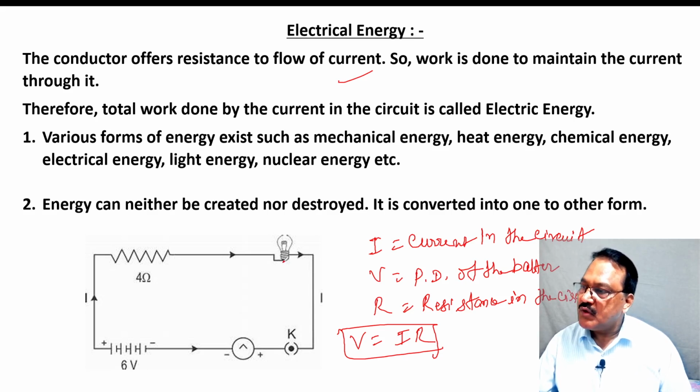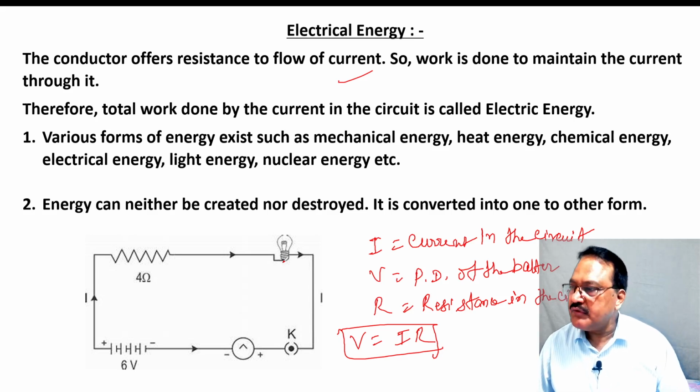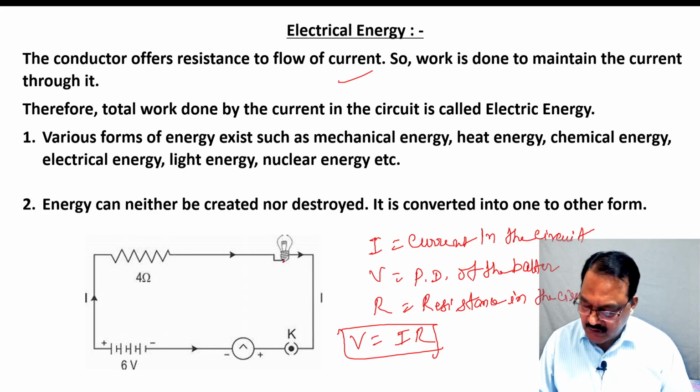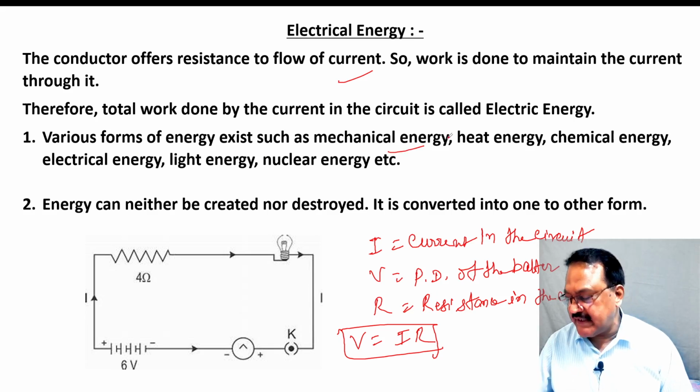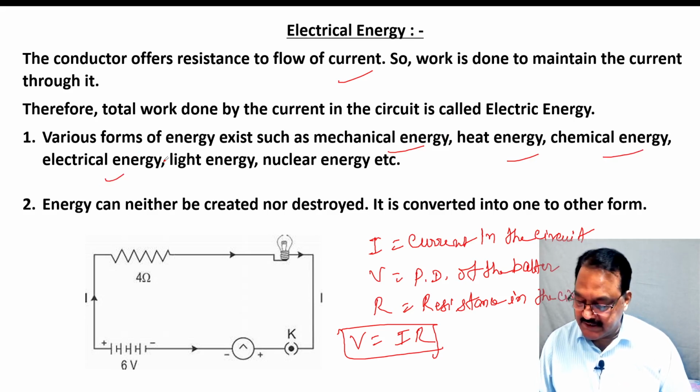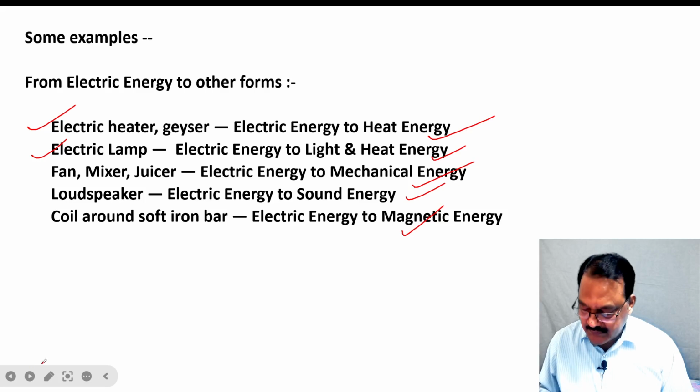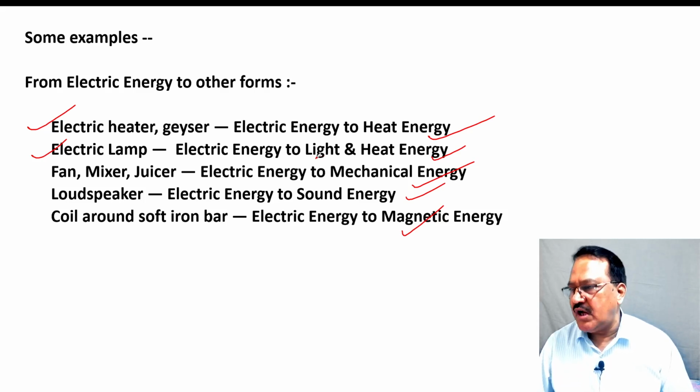We will go through various forms of energy and how they are converted to other forms. Various forms of energy exist, such as mechanical energy, heat energy, chemical energy, electrical energy, light energy, and nuclear energy. We will see how this energy is converted to other forms to meet our requirements.